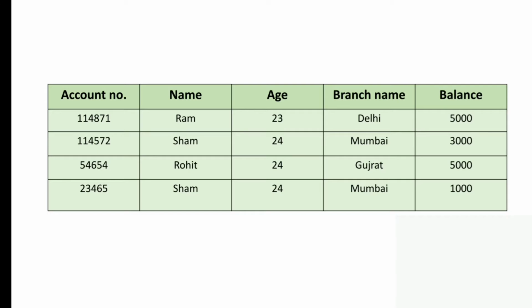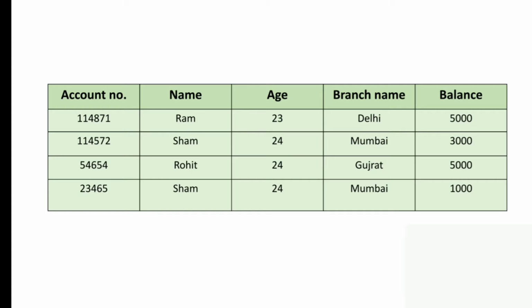Firstly, we will look at a simple example so you get the basic idea of what keys are, alright? So let's say we have got a table over here, and in this table we have unique information about accounts and their information. Now each row, as you can see, is a unique combination of information that is related to each other.